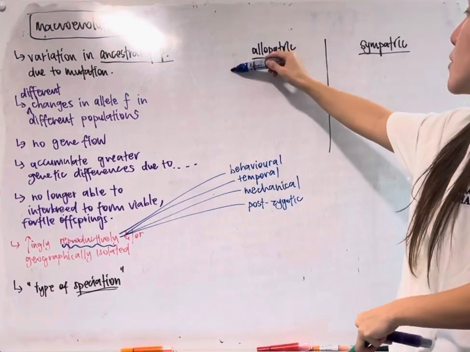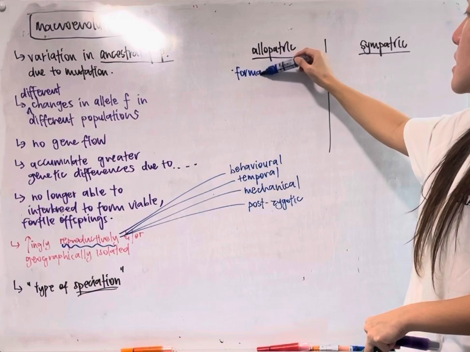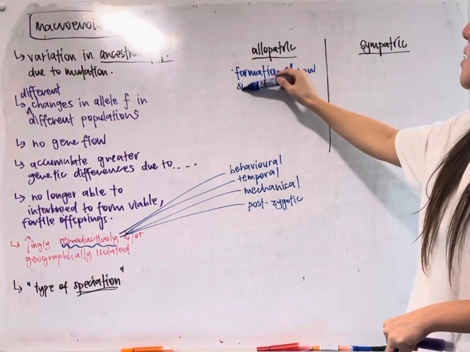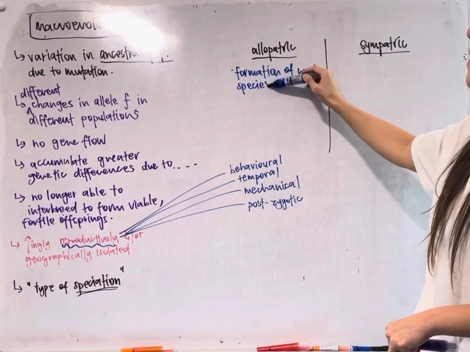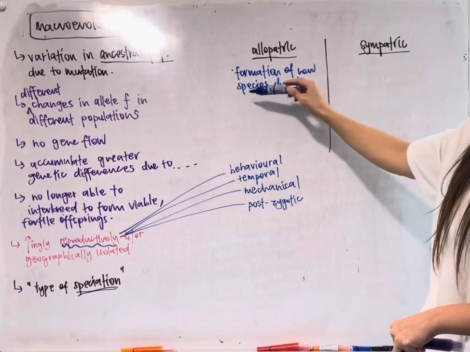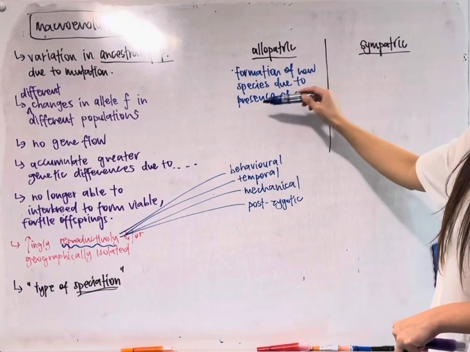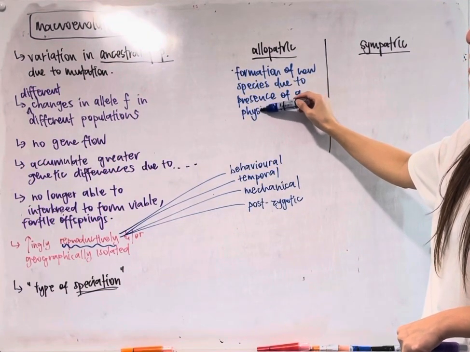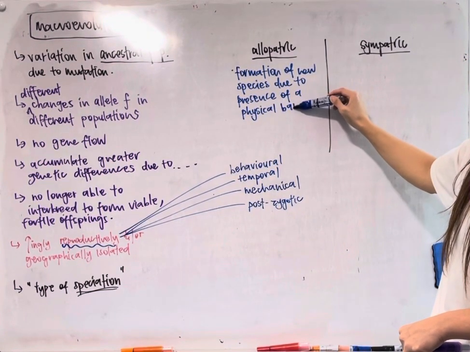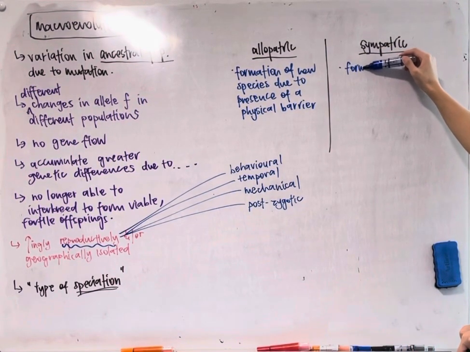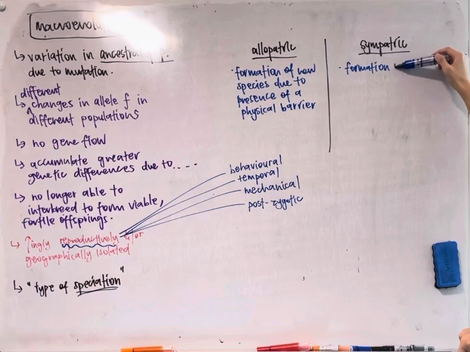This is the formation of new species due to presence of a physical barrier. Whereas this one, formation of new species due to what, Wani? Genetic difference. Yes.